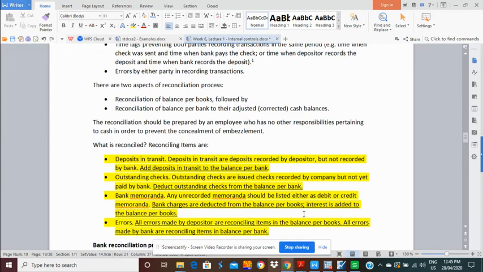Then there may be errors, either by you or by the bank, and so all errors made by you are reconciling items in the balance per books, and all errors made by the bank are reconciling items in the balance per bank.